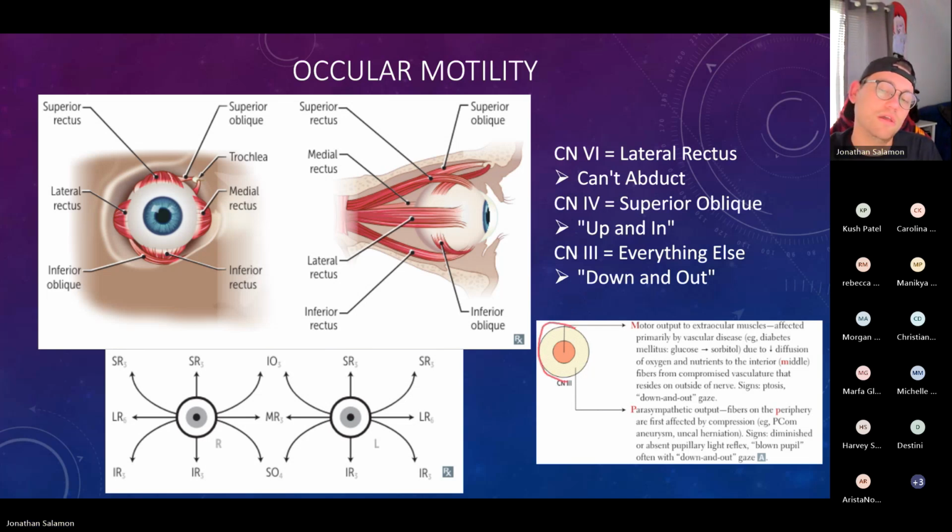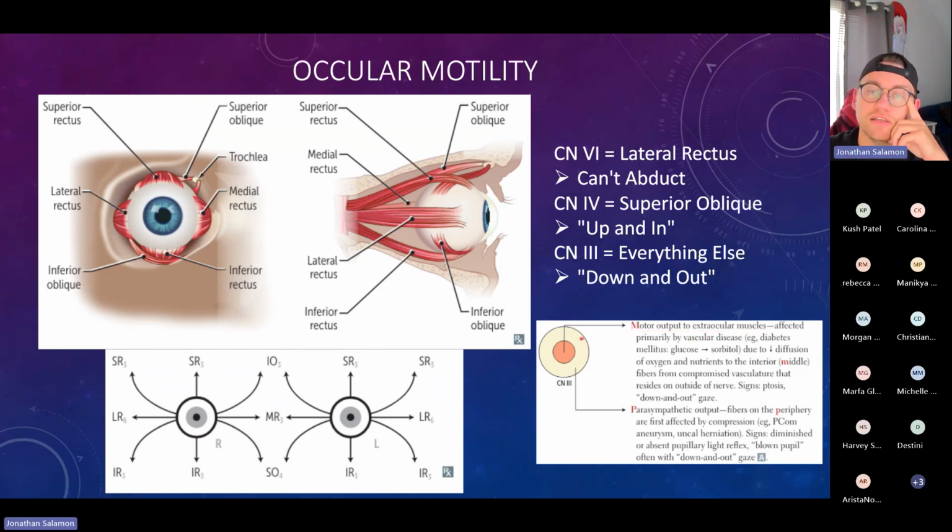It affects the nerves because you have decreased diffusion of oxygen and nutrients, since you have reduced blood supply. It's harder for the oxygen and nutrients to penetrate down to the middle of the nerve bundle, which means that motor function is what's affected in vascular disease.